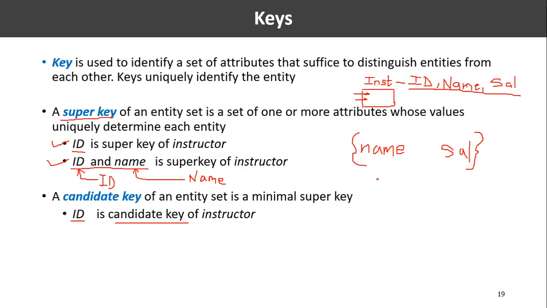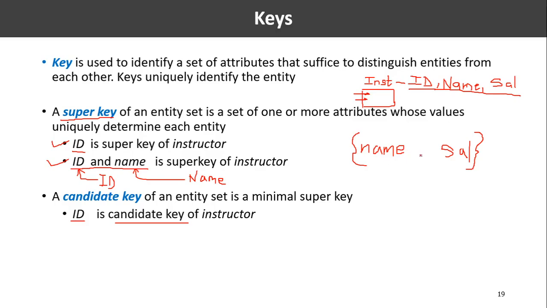What we mean by that? Just I mentioned that only name if I consider, then it is not possible for me to distinguish two instructors, because it may happen that two instructors are having exactly the same names. So name cannot be treated as the super key or the key.